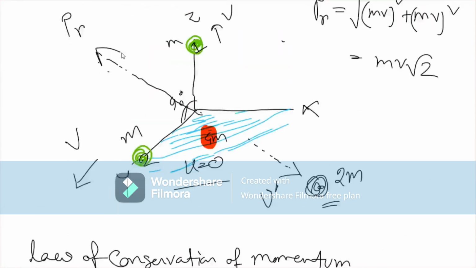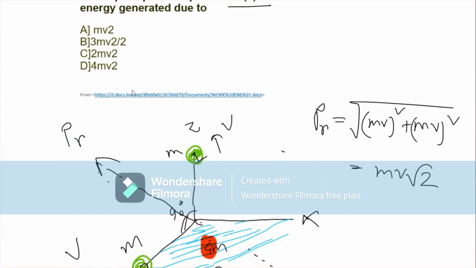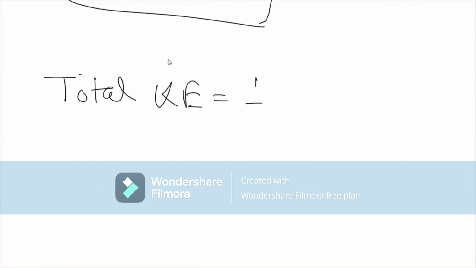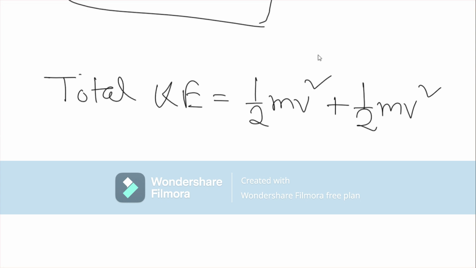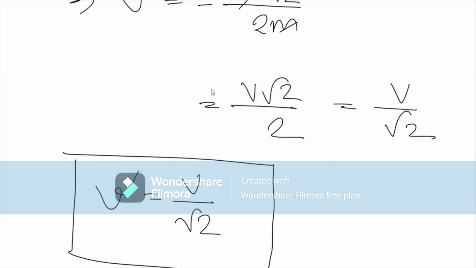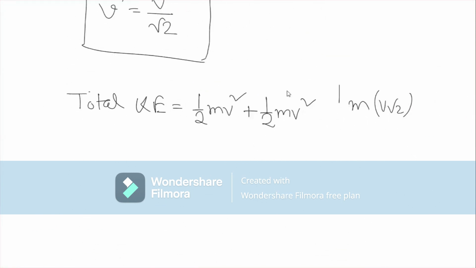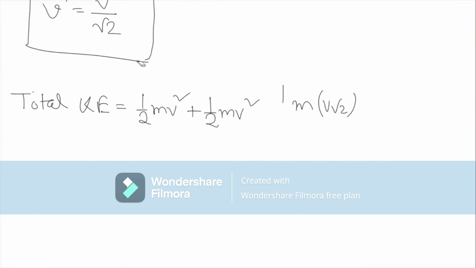Okay, so for this mass this will be half m v square, and for the second that will be half m v square, because v and v both are same and masses are same. And for the 2m mass, this will be equal to half m v dot square.